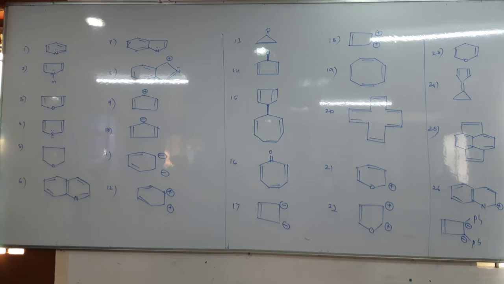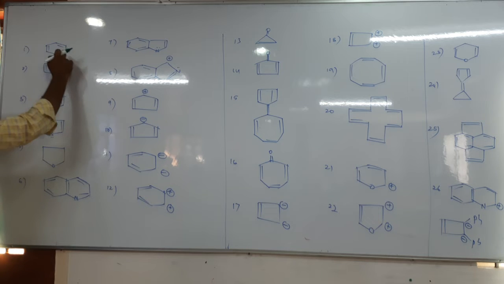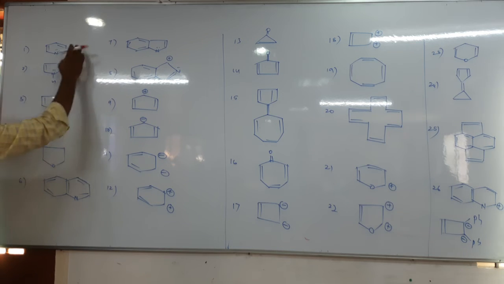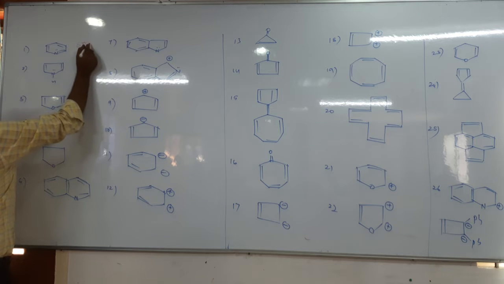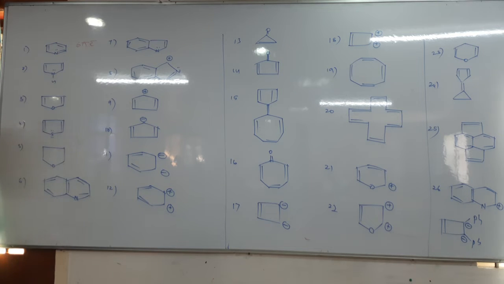Tell me, first one, is it aromatic, anti-aromatic or non-aromatic? Aromatic. Why? It is cyclic and planar, and the number of pi electrons is 2, 4, 6. There are 6 pi electrons. Then what about this lone pair on nitrogen, are they delocalized or localized?